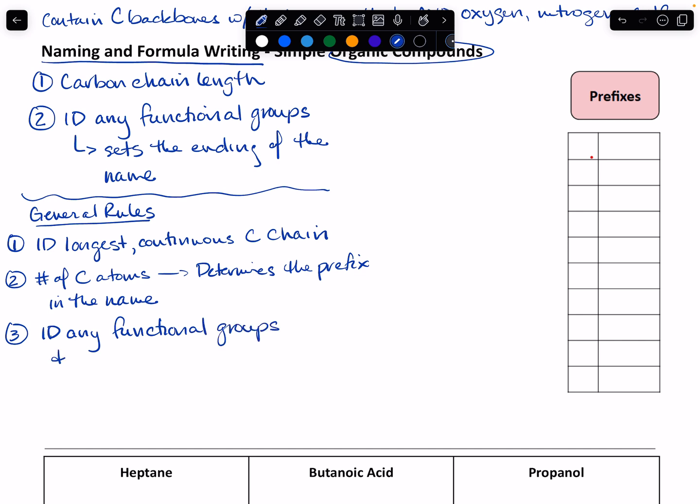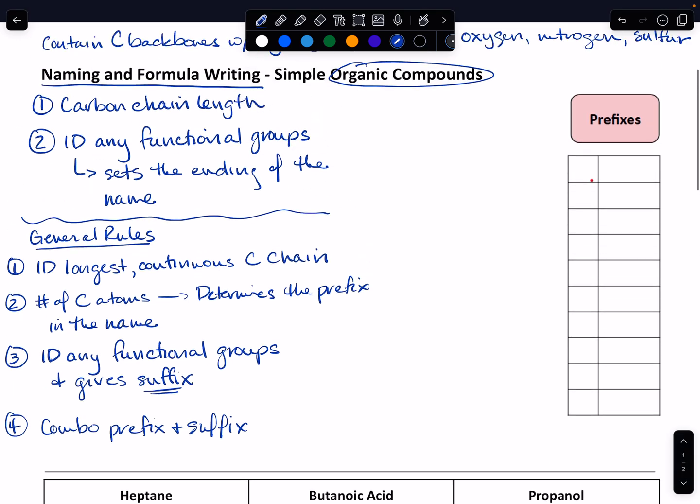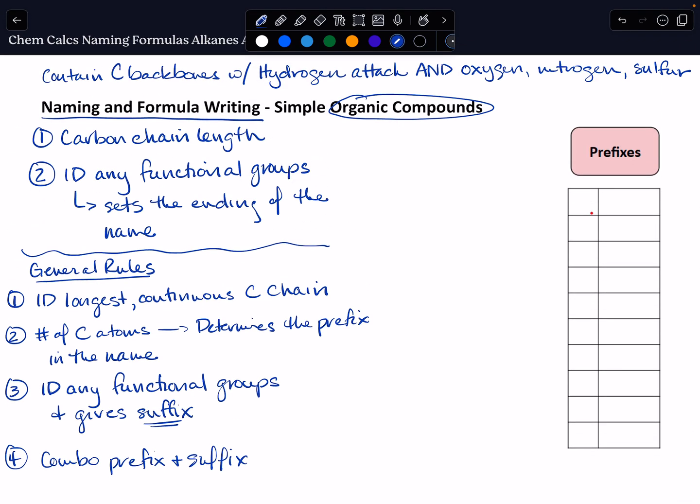All right, and that's going to tell the suffix how that name is going to end. Okay, and then once we have that, we're going to combine that prefix and that suffix. All right, now that sounds pretty simple, but I guarantee, just trust me, it's not as easy as it seems.